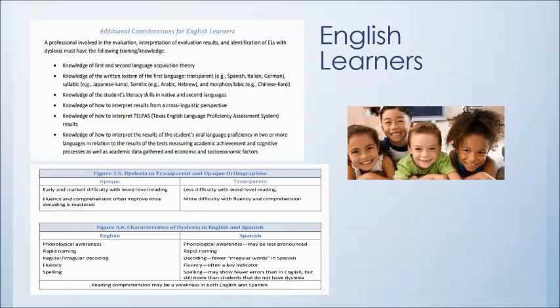Fluency, often a key indicator. Spelling may show fewer errors than in English, but still more than students that do not have dyslexia. It is also noted that reading comprehension may be a weakness in both English and Spanish languages.